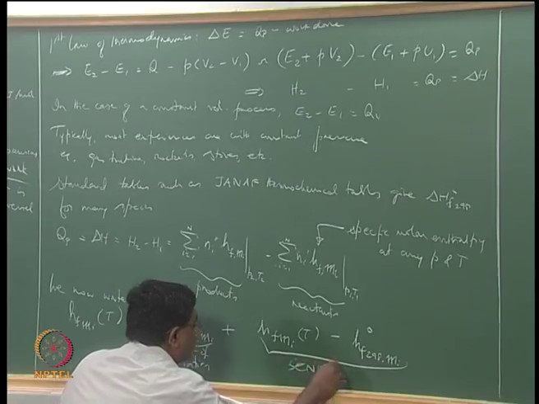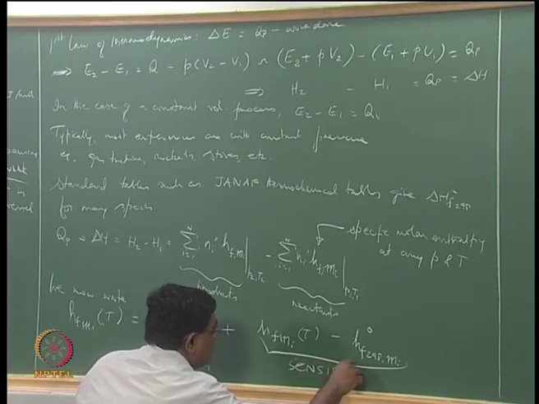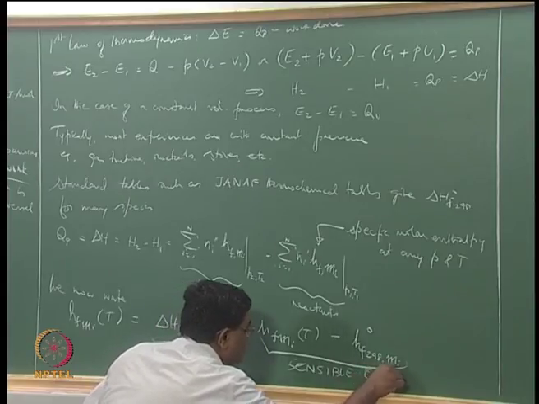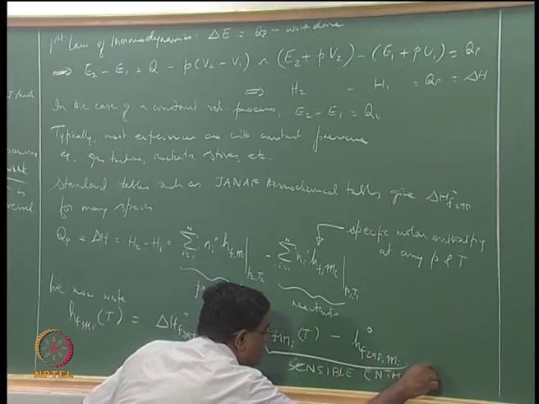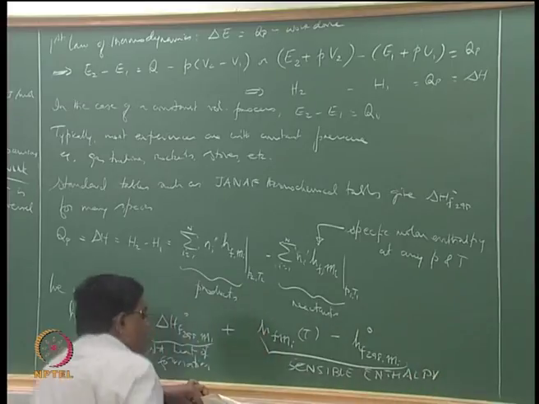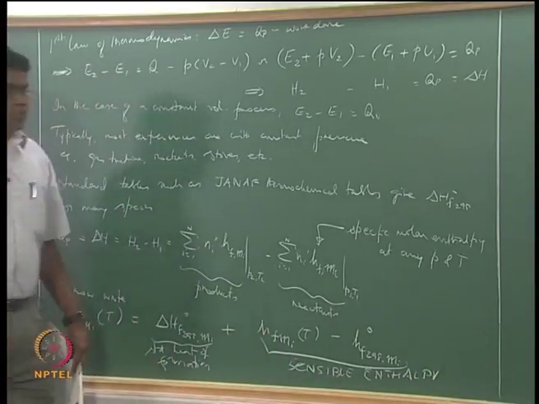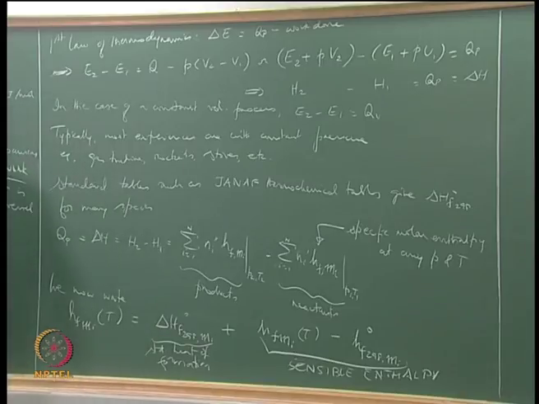Let me write it in capital letters, sensible, right, that is what is called the sensible enthalpy. So what is going on? Why are we talking about something called a sensible enthalpy? Is that because that is the one that makes sense, whereas the other one is nonsense? Any ideas?